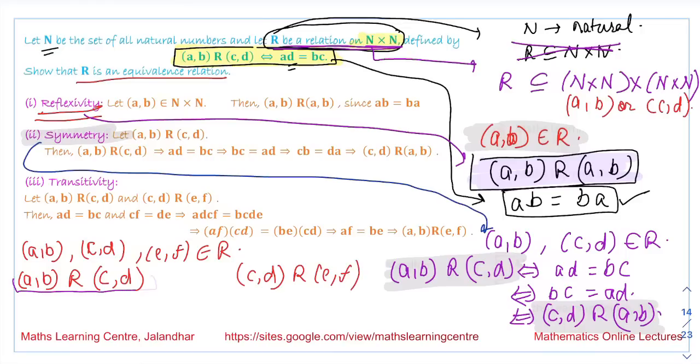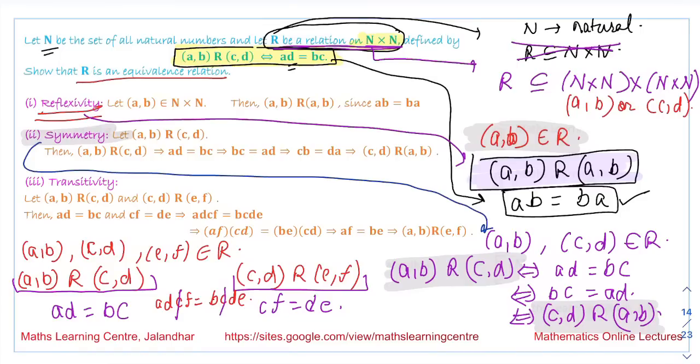Now if (A, B) is related to (C, D), it means we have AD is equal to BC, and if (C, D) is related to (E, F), we have CF is equal to DE. Now if we multiply both these equations, we will get AD CF is equal to BC DE. These A, B, C, D, E, F are natural numbers, it means none of them are 0.